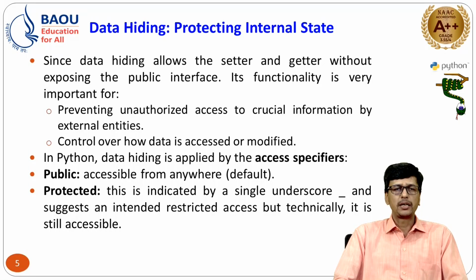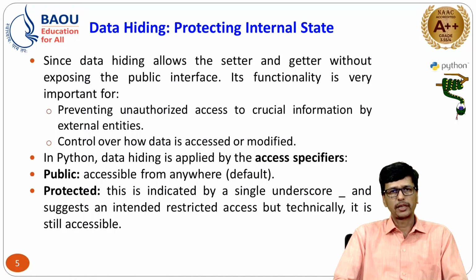So that is limited access, or you can say the access is restricted with the help of this protected access specifier, because the attributes as well as methods accessible by that class are also accessible by the child class, right? But not outside that.